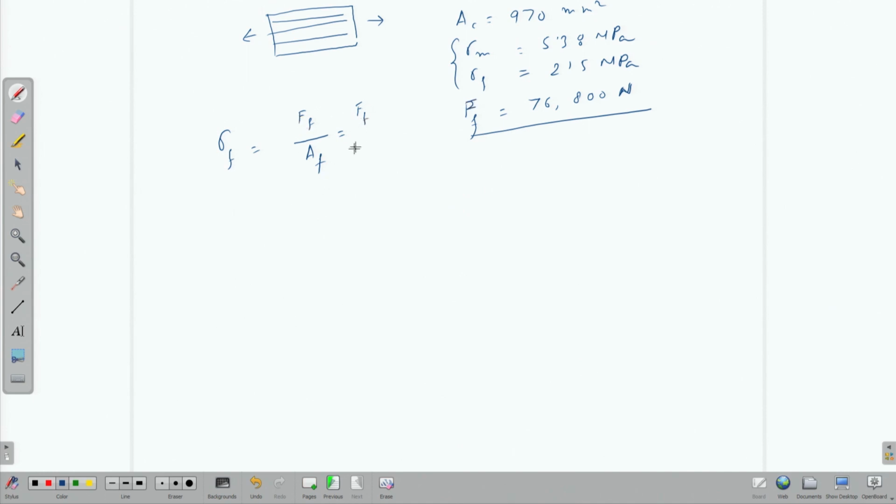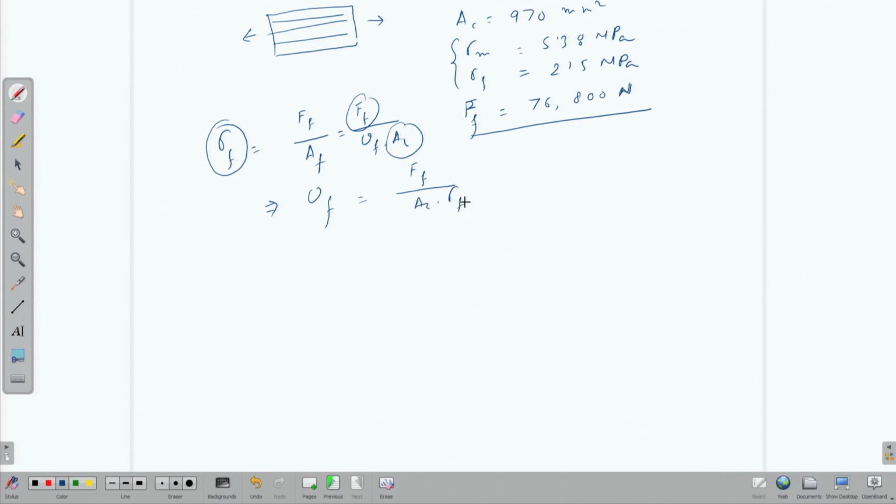So, F f over A f, where A f is V f multiplied by A c. Now we know the value of sigma f, we know the value of F f, and we also know the value of A c. So, from here we can find out the value of V f, which is F f over A c multiplied by sigma f.